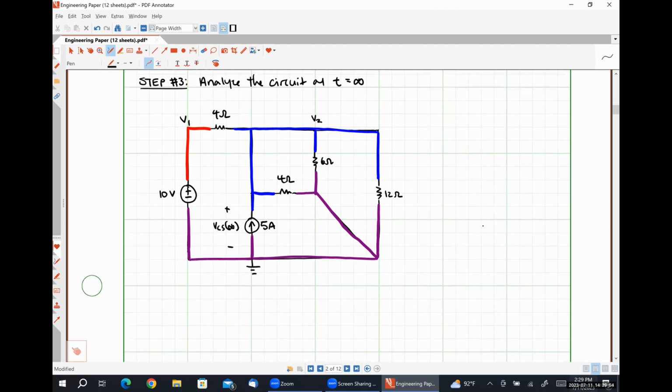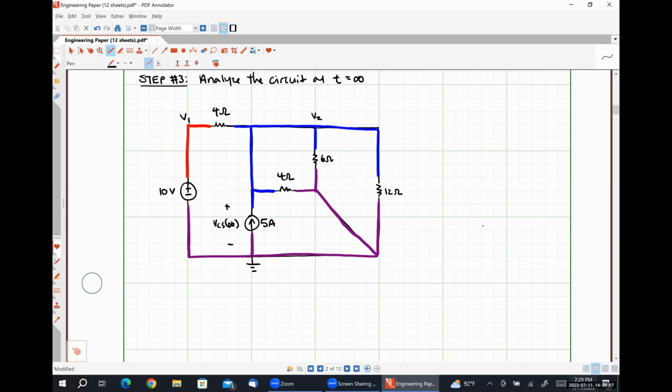I'm going to have a voltage relationship equation that is V1 equal to 10 volts. And then when I perform KCL at node 2, I'm going to be adding this current, this current, this current, this current, and this current together.